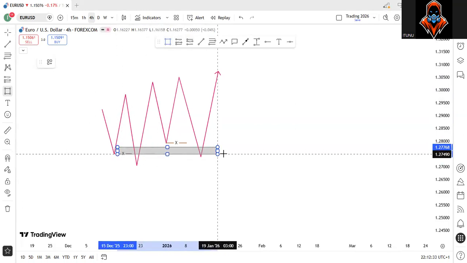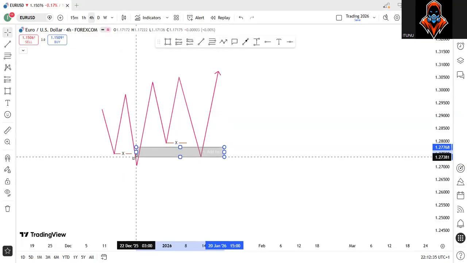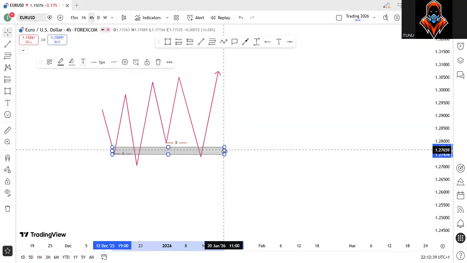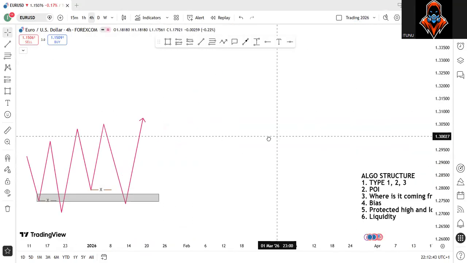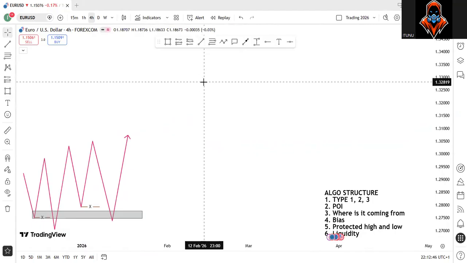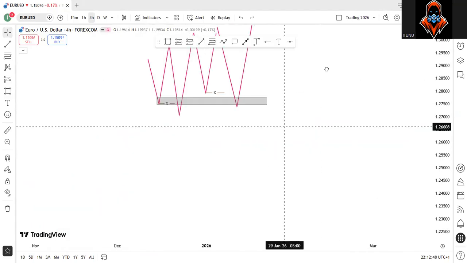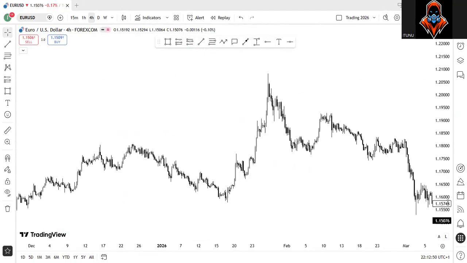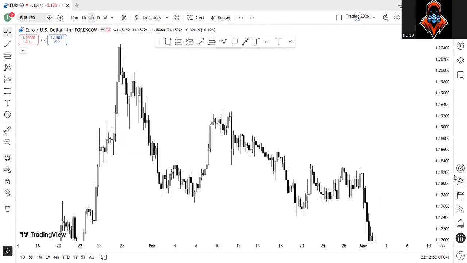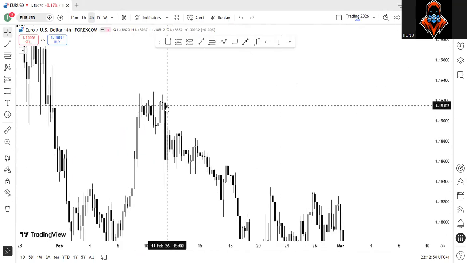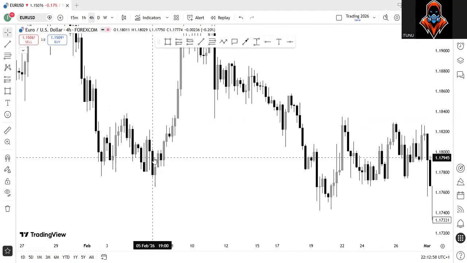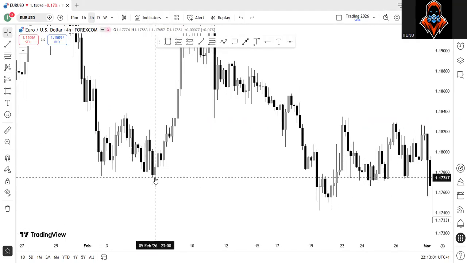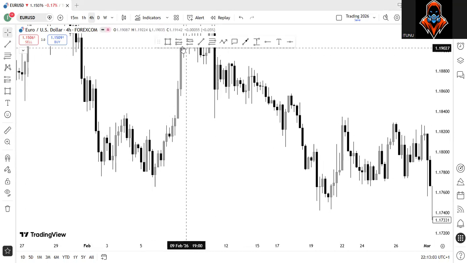So we're going to use an order block. There's going to be an order block over here, either from here or from here. An order block is basically, let me show you, in a bullish scenario, the last down candle before the bullish move.